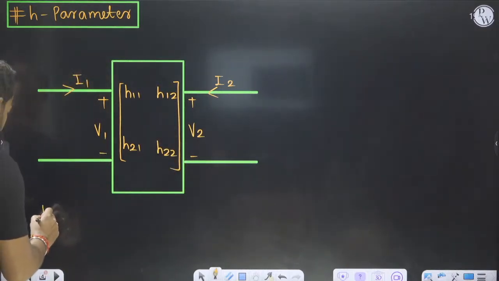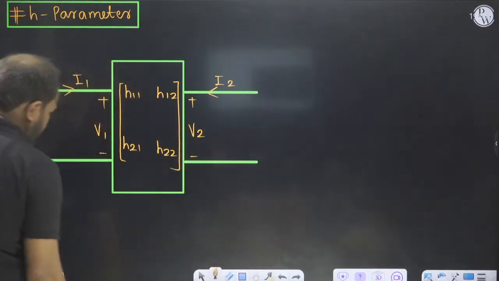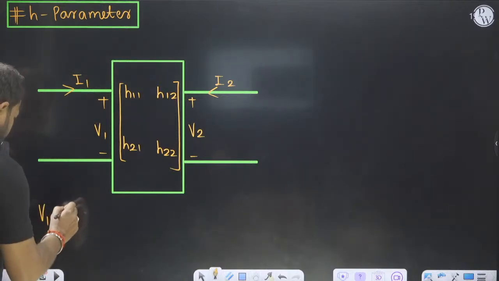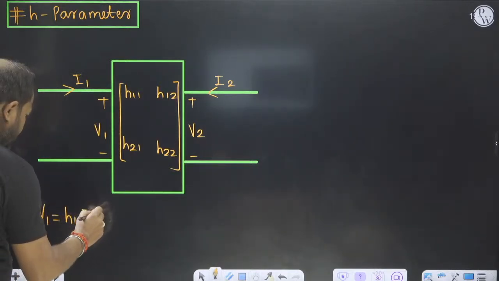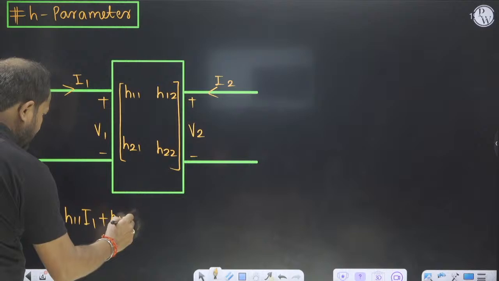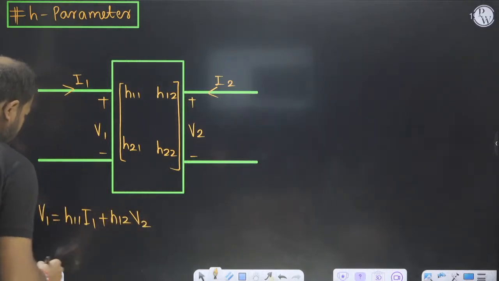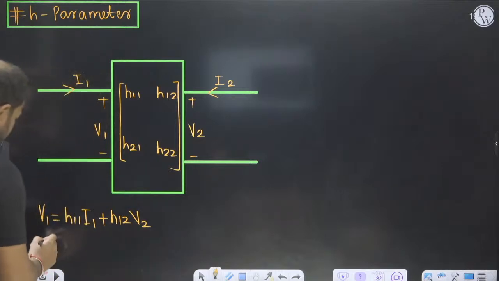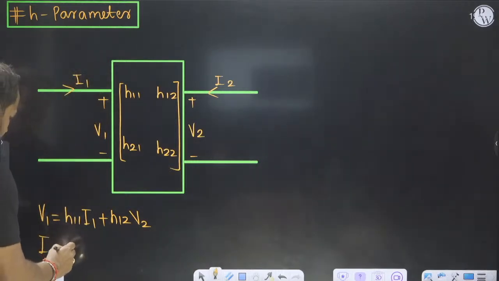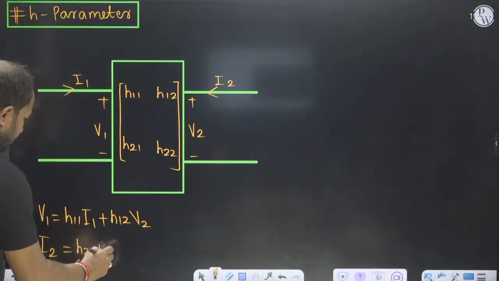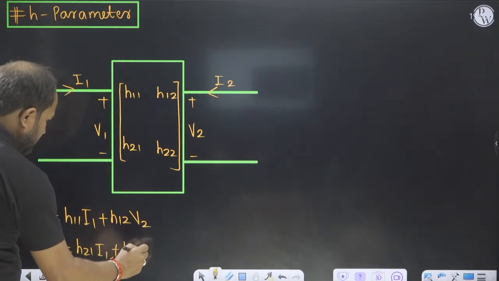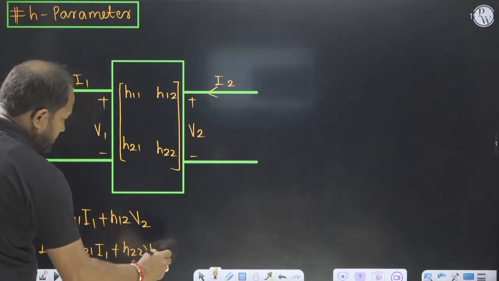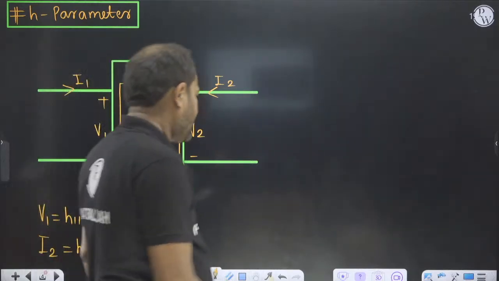First of all, V1 is equal to H11 I1 plus H12 V2, and the second one is I2 equal to H21 I1 plus H22 V2.